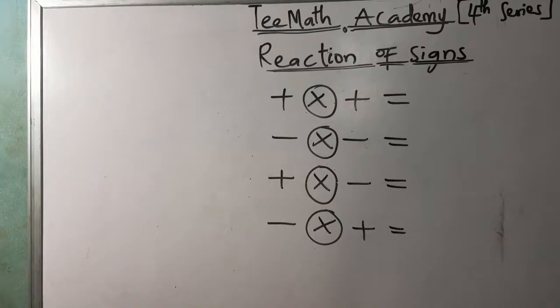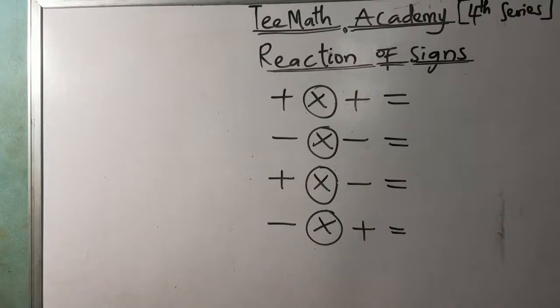In our class today, reaction of signs, we want to look at how signs react when they come together. A lot of students like cramming this, and it has really not been of any help to them. Instead of cramming, you can know this once and for all throughout your lifetime.